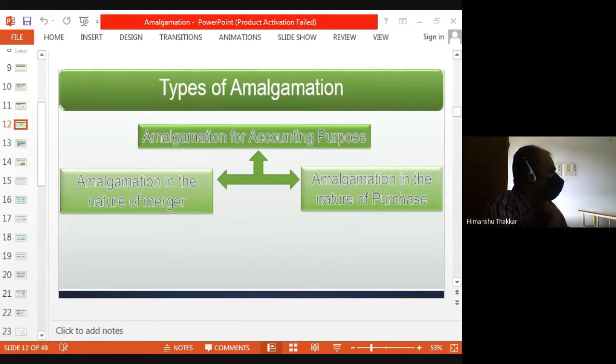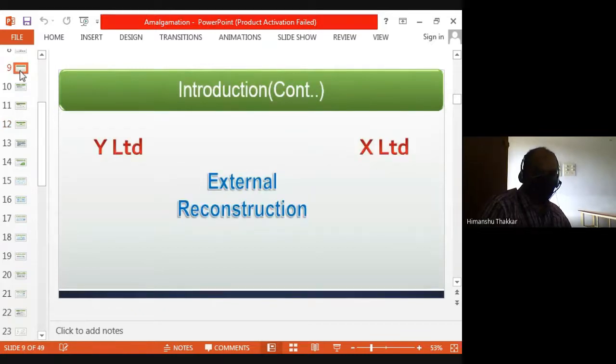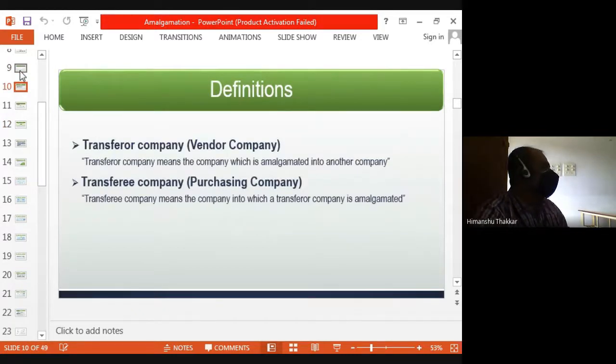You forgot. Don't worry. After today's lecture, I'll be giving you the PPT of this topic. Transferor company is the vendor company which loses its existence. Just remember our example. If absorption has taken place, B Limited is a transferor company, one who is transferring its business to A Limited.